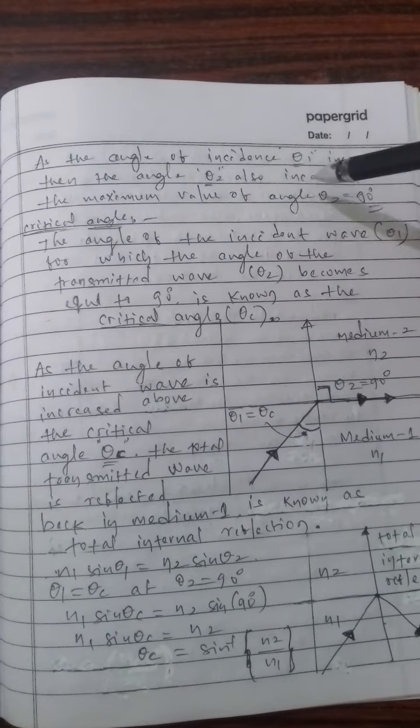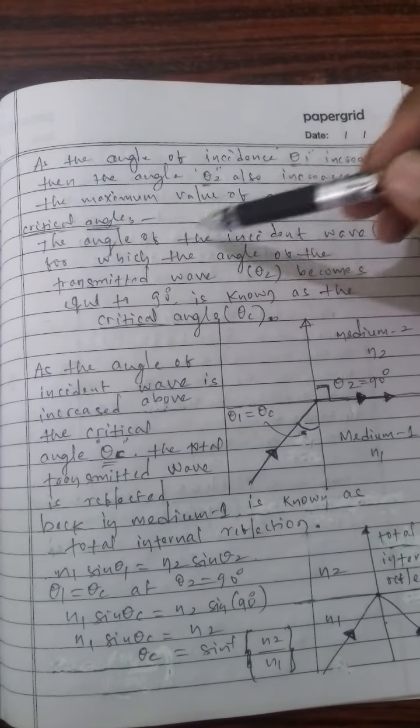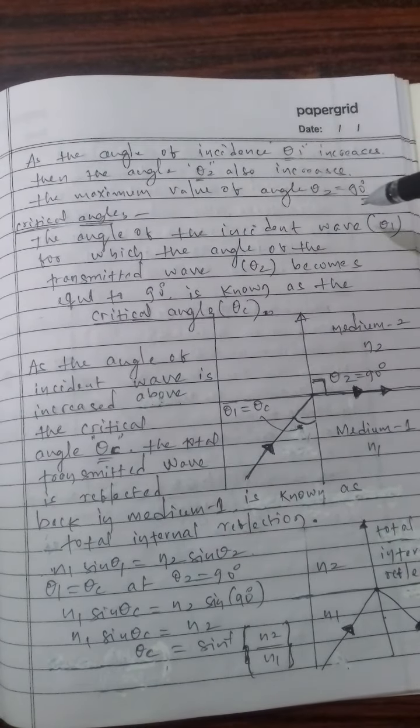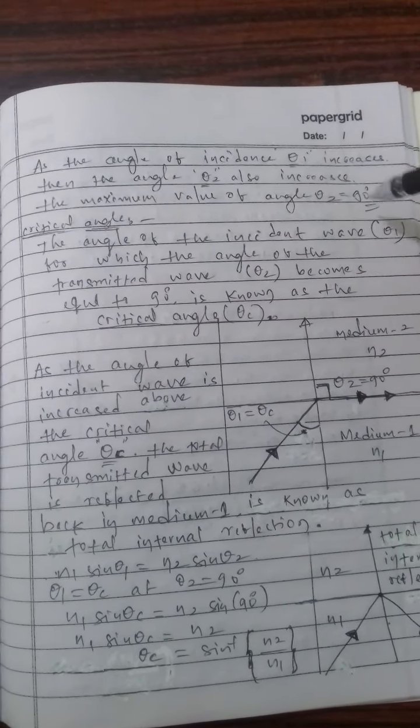As the angle of the incident wave, theta 1, increases, the angle theta 2 also increases. The maximum value of the angle theta 2 is equal to 90 degrees.